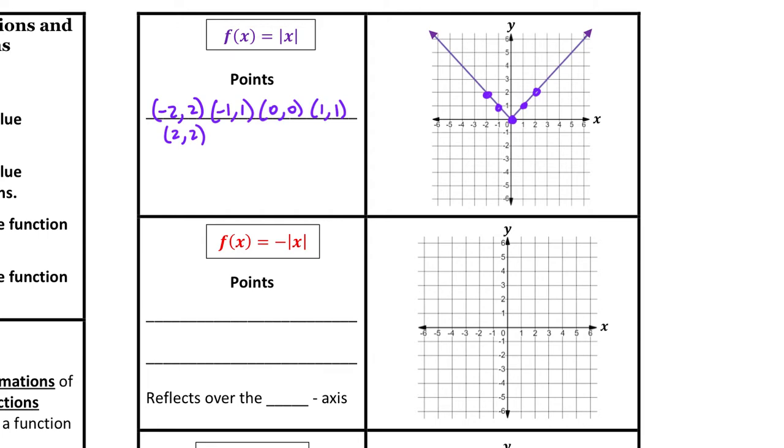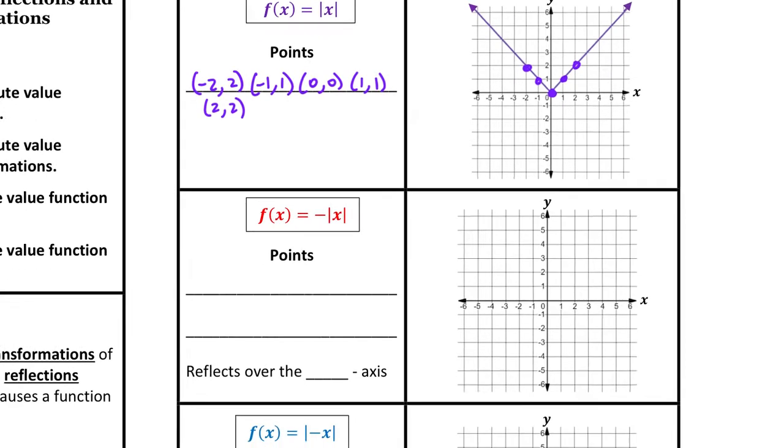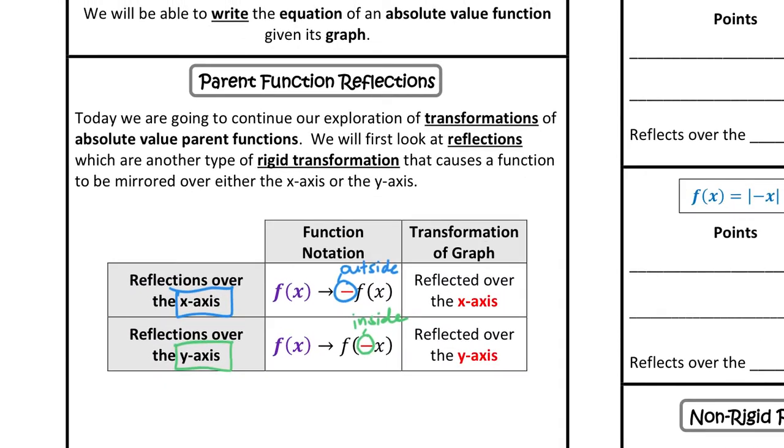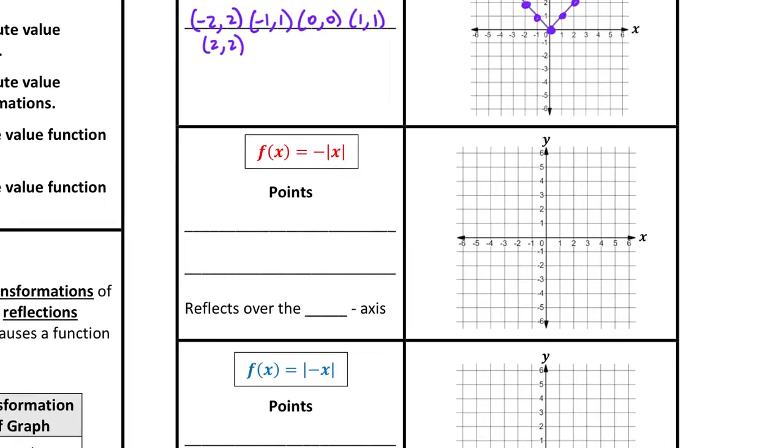The question is, is the negative inside or outside of the absolute value? It's outside. So if we slide over, which one says outside? Outside means that the reflection is going to be over the x-axis.